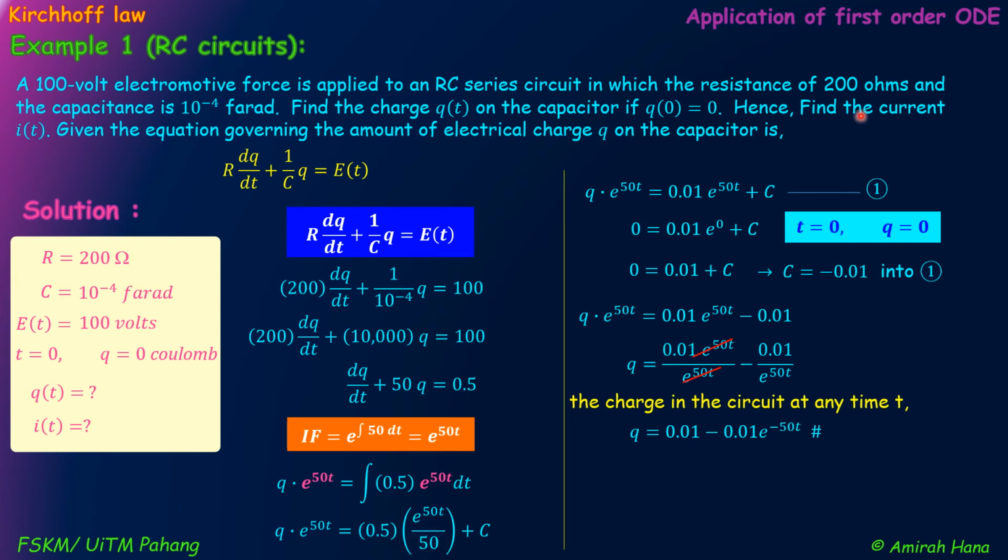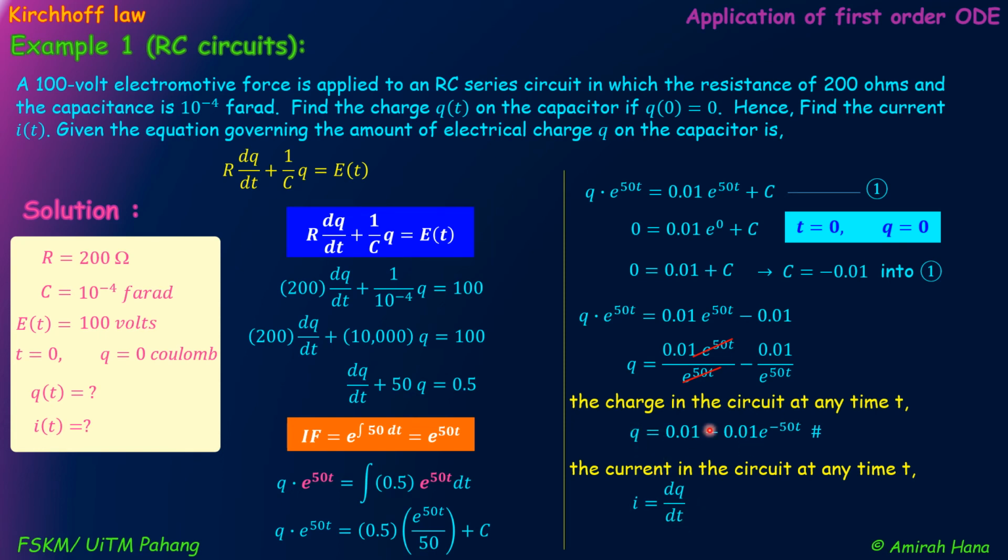After that, we want to find the current i(t). To find the current i, we need to differentiate the charge, which is q, with respect to time. So from q here, after we differentiate with respect to time, we get the current in the circuit at any time t, which is i equals dq over dt.